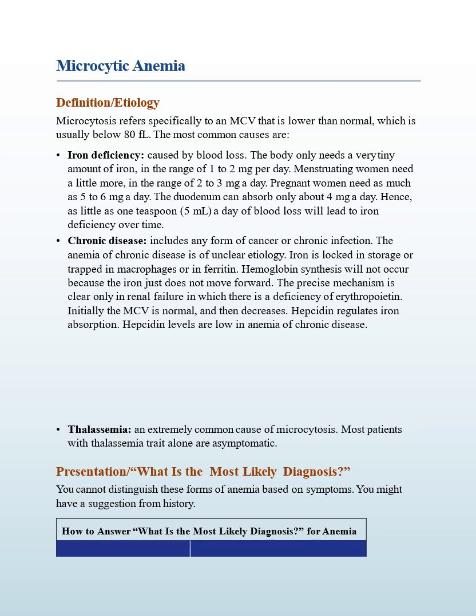We cannot distinguish between all these forms of anemia based on the symptoms. You have to have some suggestions from the history of the patient. However, to answer the most likely diagnosis for anemia, let's go to the next slide.